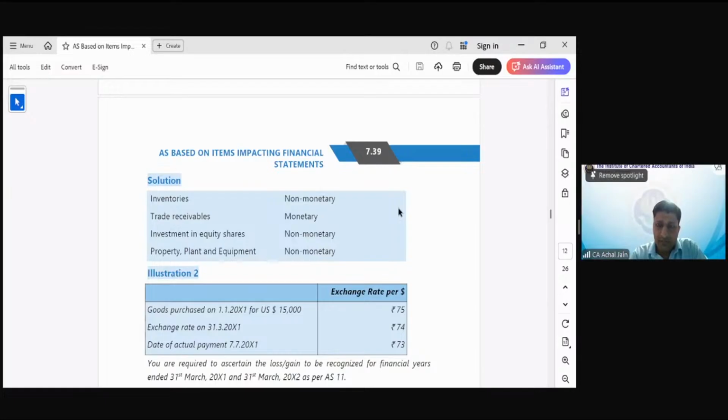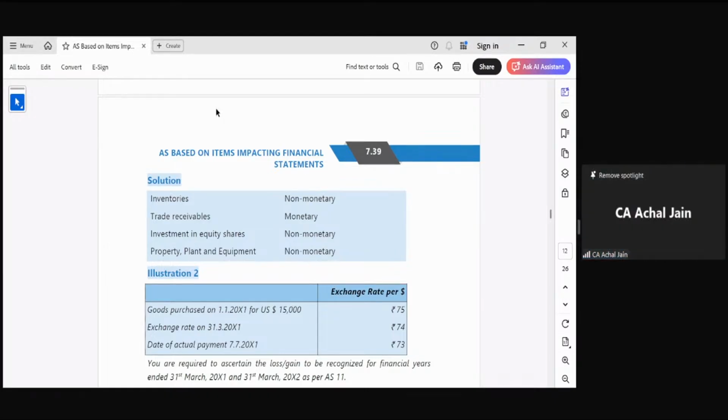Okay, so that's one. Exchange rate on 31st March is given to you for some reason. And the date of actual payment is also given, which is in July. You are required to record these transactions.